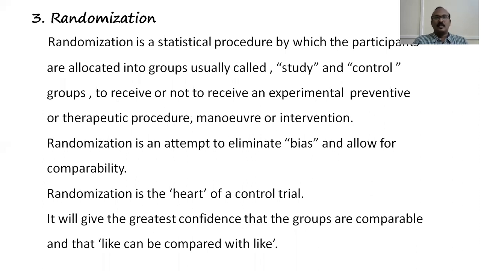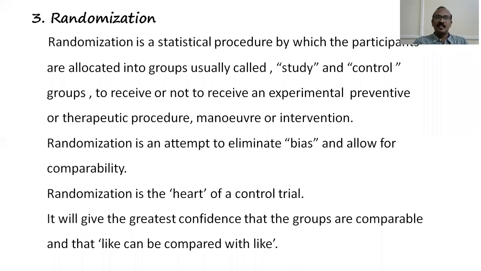Randomization. Now we had discussed randomization briefly just before the start of the flow diagram of the randomized controlled trial. So randomization is a statistical procedure by which the participants are allocated into study group and control group to receive or not to receive an experimental, preventive or therapeutic procedure, maneuver and intervention. So randomization is basically a statistical procedure.